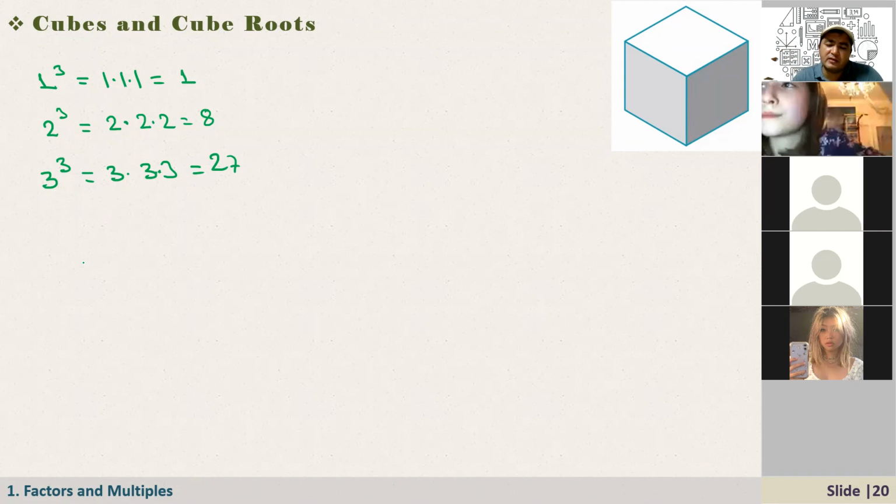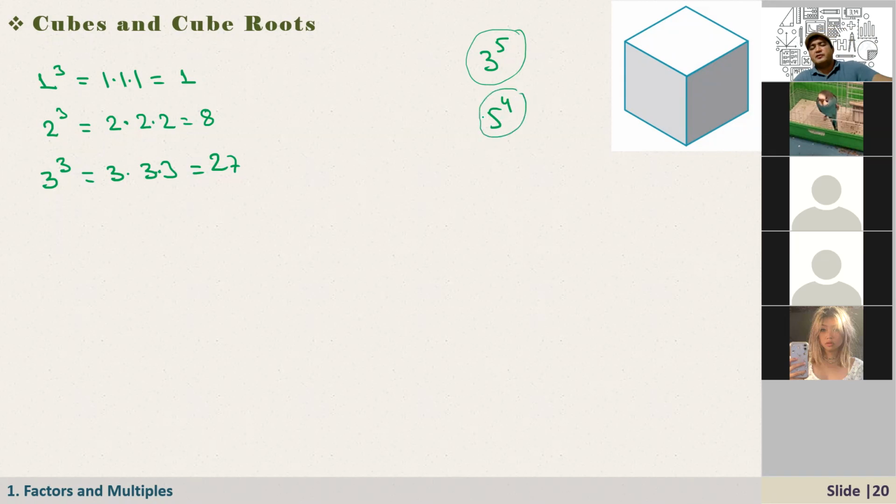If it is greater than 3, then we just read it as a power. For example, 3 to the power of 5 means that 3 is multiplied by itself 5 times. Like 5 to the power of 4 means that 5 is multiplied by itself 4 times. But when I say cube, that means it's exactly 3.